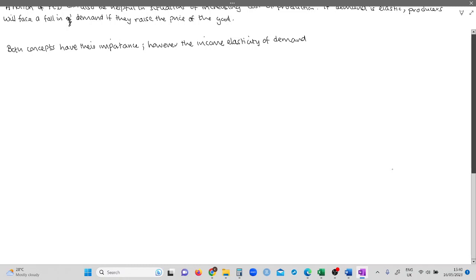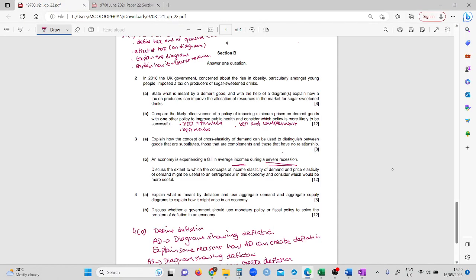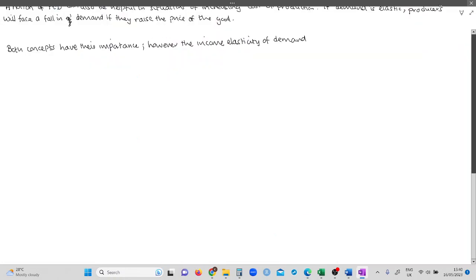I can focus more on income here, because in the question we talk about a falling income level. However, the income elasticity of demand can prove to be more useful than the price elasticity of demand.